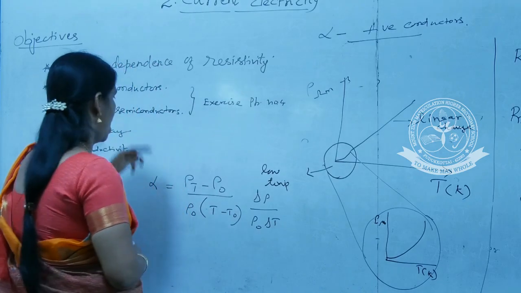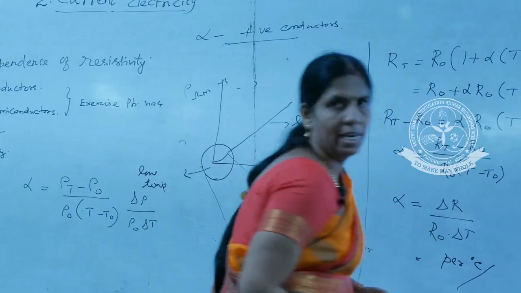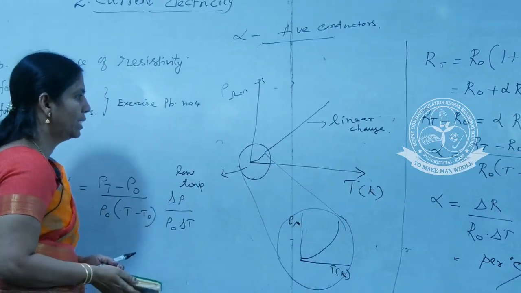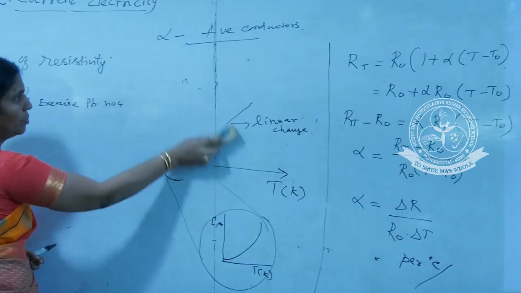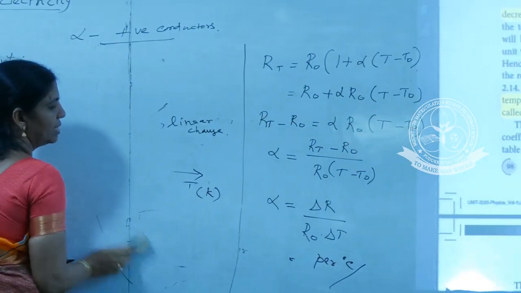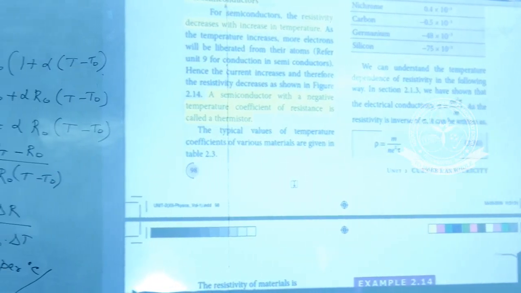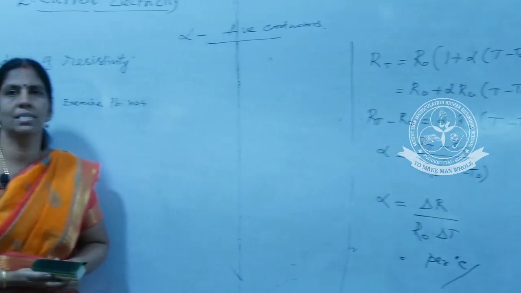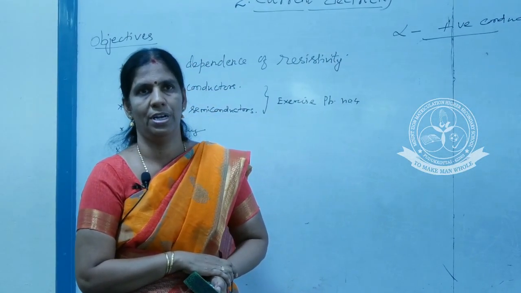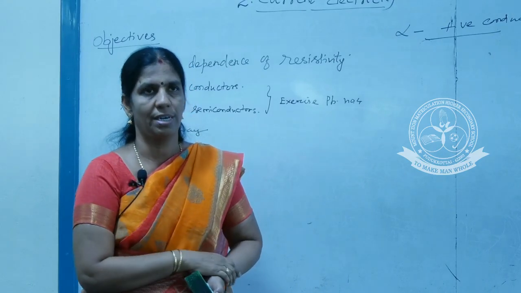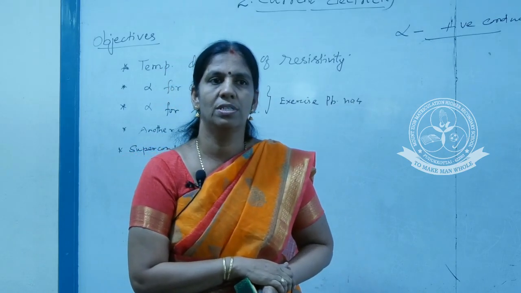Now coming to the alpha for semiconductors. When you take a semiconductor and increase its temperature, the resistivity decreases. It is because the semiconductor has only a small number of electrons at room temperature, but if the temperature is raised, then it gets an abundant number of electrons.